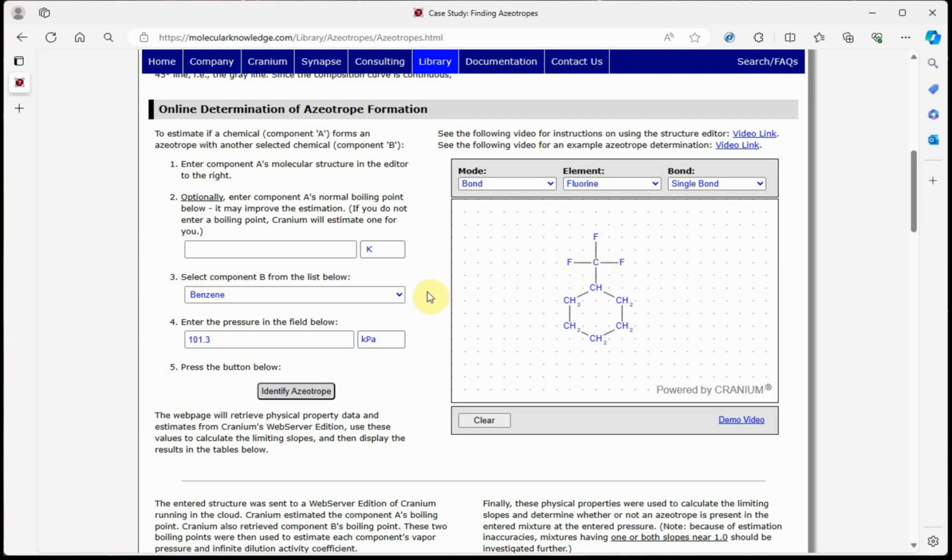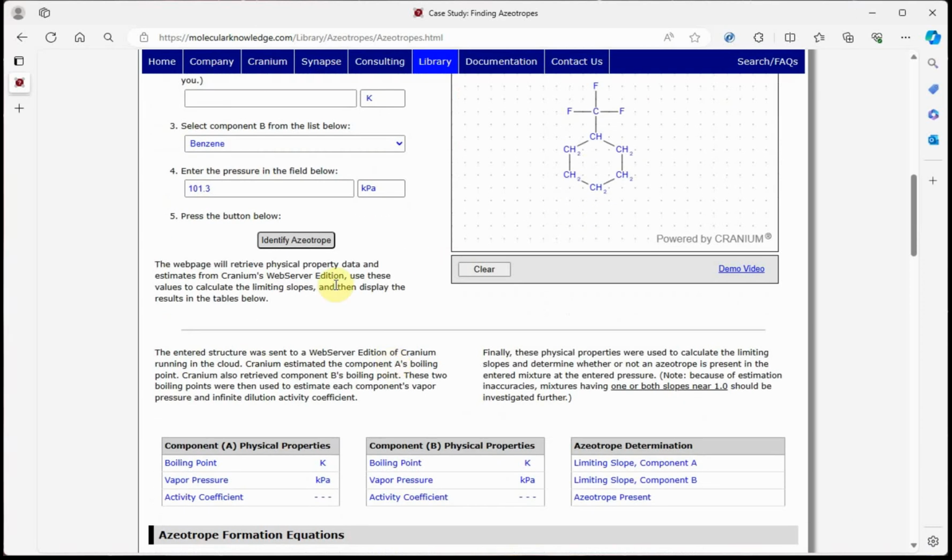Again, we press the Identify Azeotrope button, and again the properties and limiting slopes are calculated. In this case, the web application determined that trifluoromethyl cyclohexane and benzene do form an azeotrope at 101.3 kilopascals.